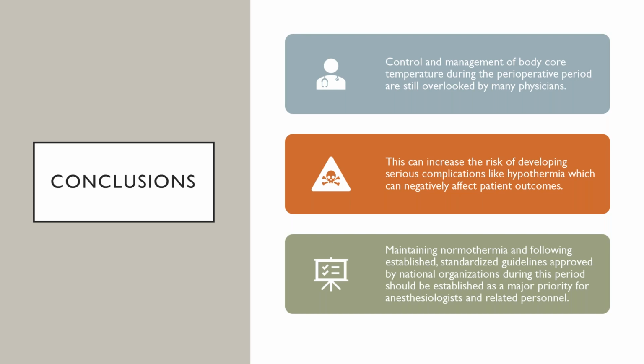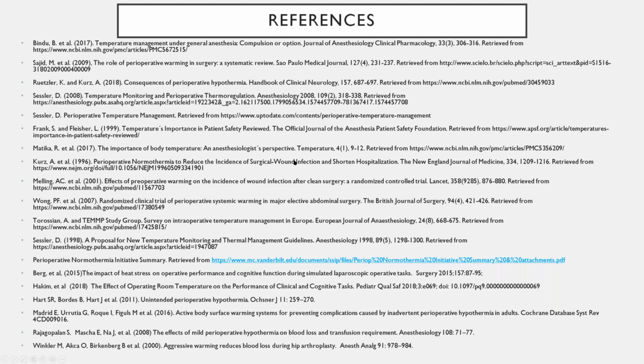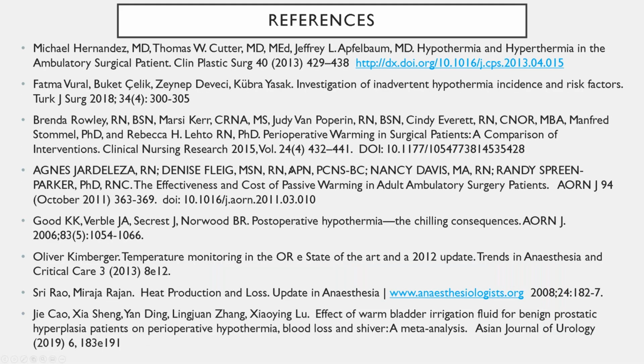Maintaining normothermia, again, as a CMS SCIP guideline, is a priority, and by extension should be a priority for the reasons of regulatory compliance as well as reimbursement, but most importantly because of the science behind why it's beneficial for the patient. So with that, those are the references, and that would conclude this presentation.